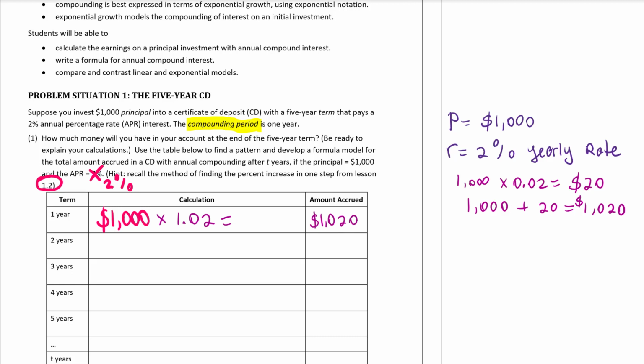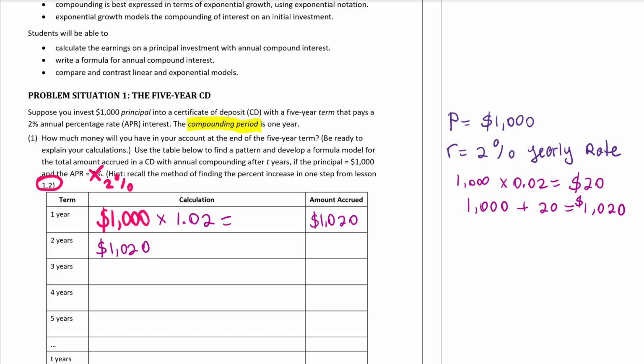Now the feature of this account is that in the second year, you don't start with $1,000, but you start with $1,020. That's the idea of compounding: you're starting with the higher amount. So now if you are getting another 2%, that 2% is added onto a balance of $1,020.